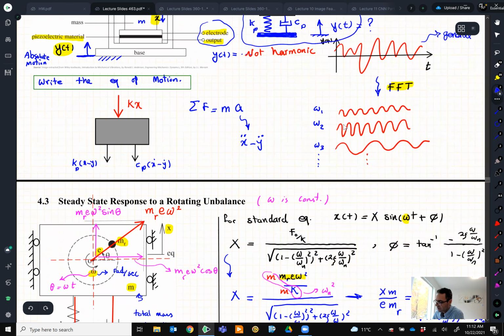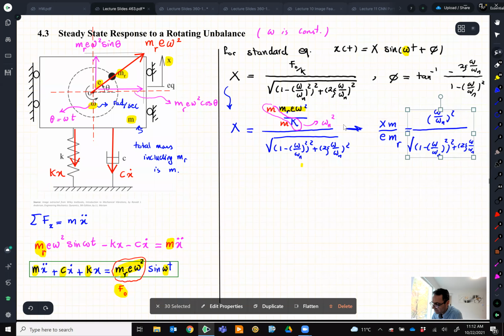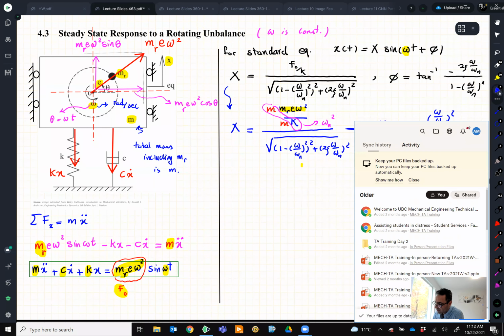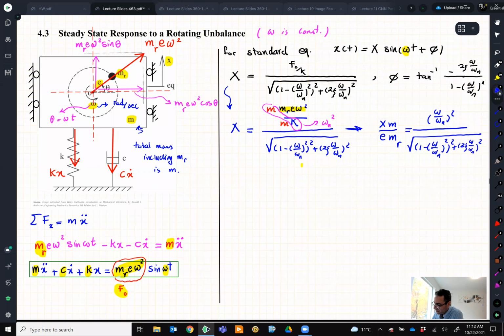Oops, sorry. I need more room here. Let's move everything a little bit to the left. And this guy is squared. All right.